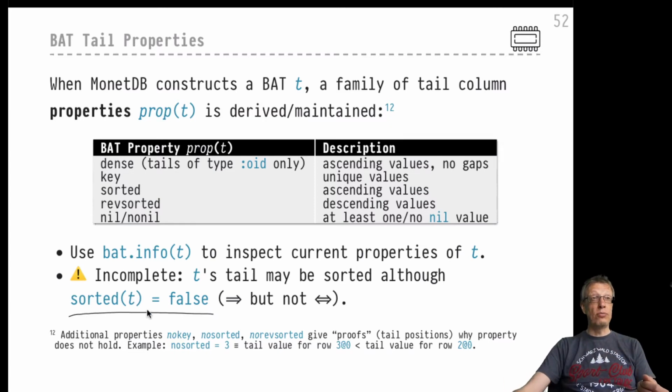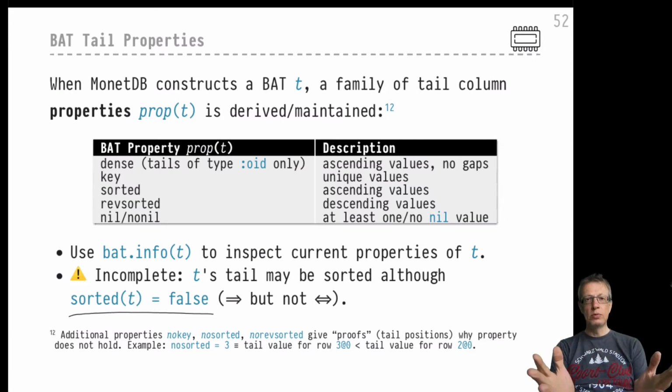Of course, if sorted is true and the property indicates this tail column is sorted, then it will be sorted. But there might be situations where MonetDB misses to derive or to infer a particular property of a tail column, which is a pity because that property could be valuable in query optimization.